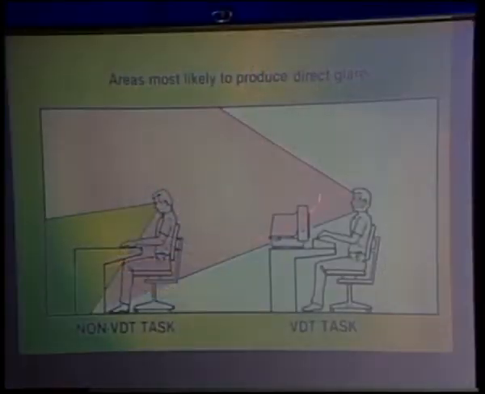Glare, by definition, is blurred light that reaches the eye. You experience glare when you drive at night and you see the headlights of the oncoming traffic. On this slide, we see that the sources of glare are going to be areas, this pinkish area, in front of the computer screen.